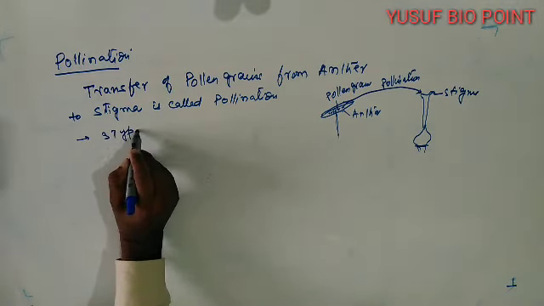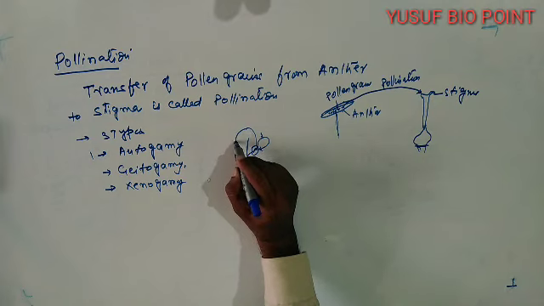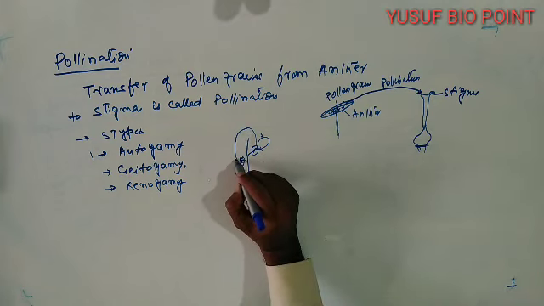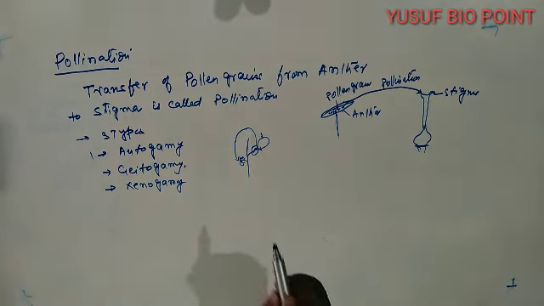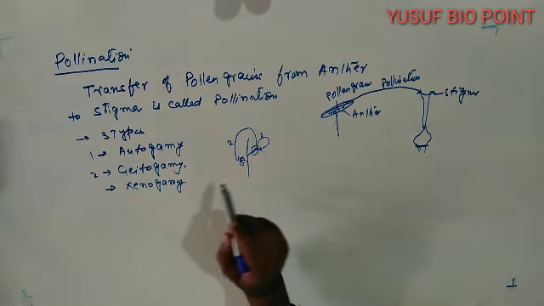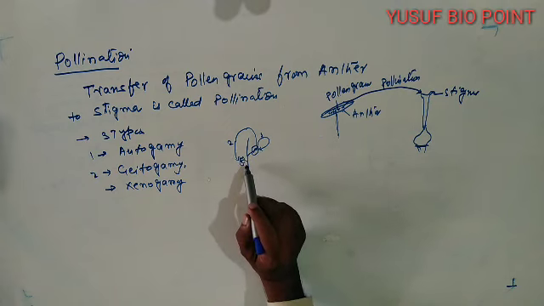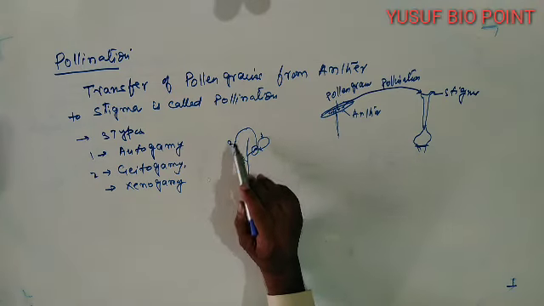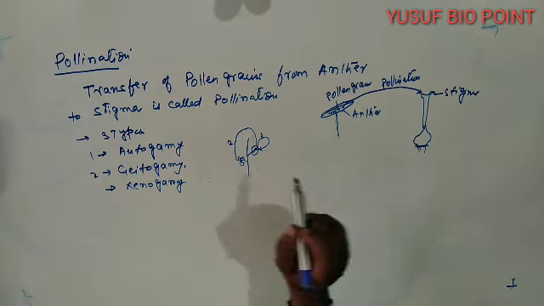If the pollens of a flower of the plant come to another flower of the same plant, that is known as geitonogamy. In this the agents also work, but because the flowers are found on the same plant, so it is also a part of self-pollination. But we also see here the effect of cross-pollination.